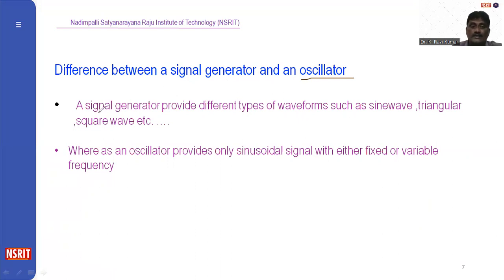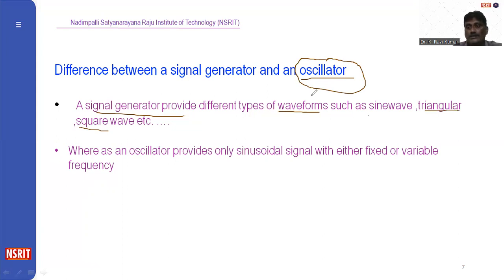A signal generator provides different types of waveforms such as sine wave, triangular wave, as well as square wave. The combination of different oscillators will be fixed on a single board and the outputs of all the oscillators connected at a common point.